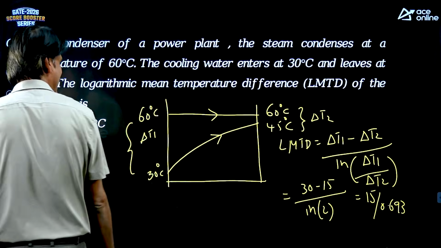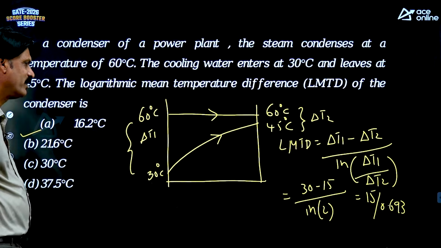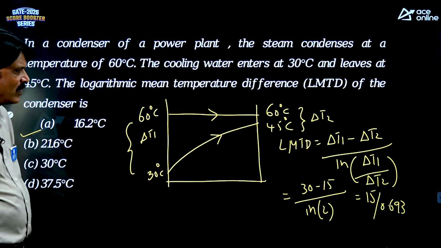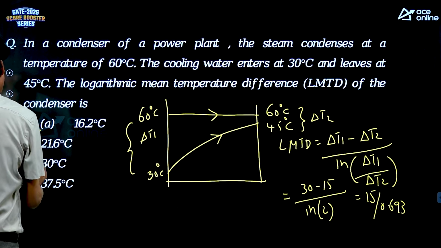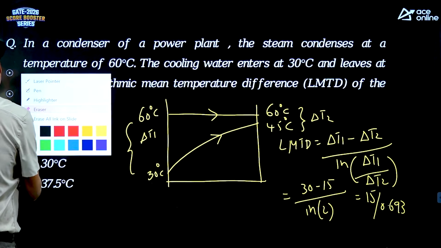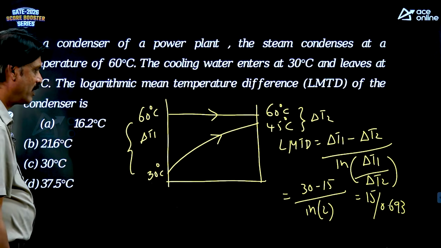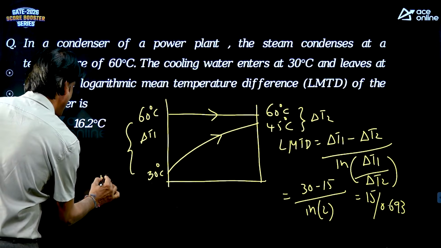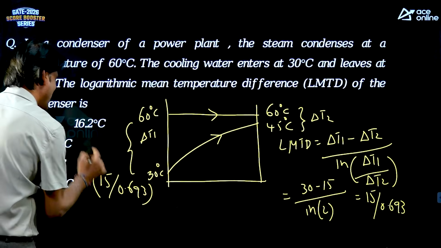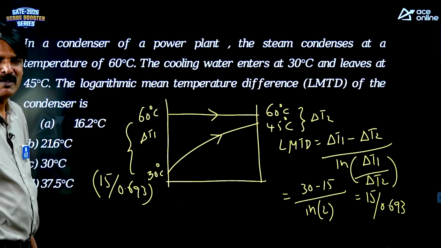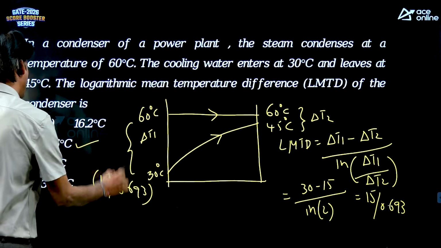The answer should be maybe around 21.6. I don't know, let's not jump to conclusions, so calculate that value. Answer is 15 divided by 0.693, around 0.7, so 150 by 7. This should be around 21.6.